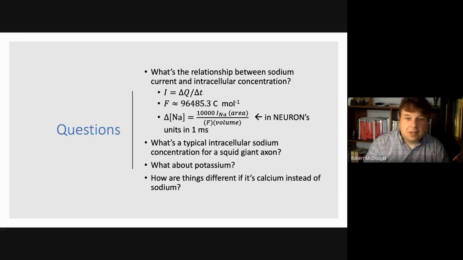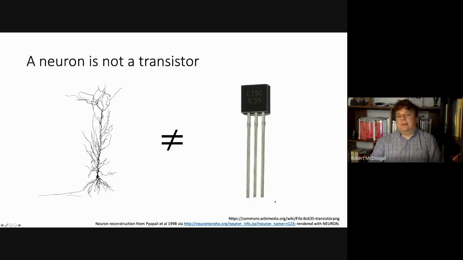But anyways, my point is, we have currents, we can use math, we can calculate changes in concentration. That's what I meant by how are things different if it's calcium rather than sodium. The math, well, there's a factor of 2 because of the charge of calcium, but other than that, calcium is just really, really small. And what this means ultimately is that a neuron is not a transistor. In a transistor, currents go in, currents go out. I expect all of the billions of transistors in your computer to do the same thing today and tomorrow.